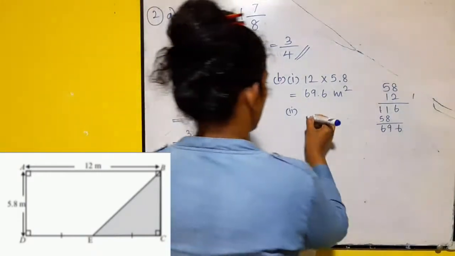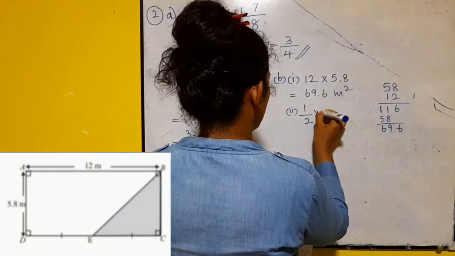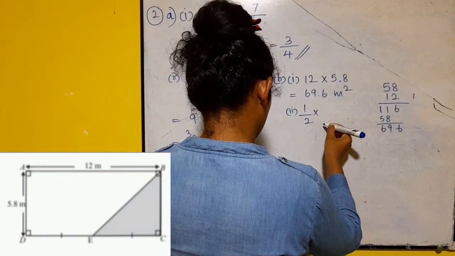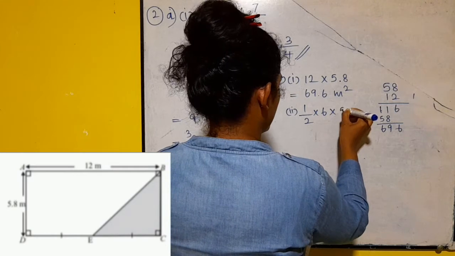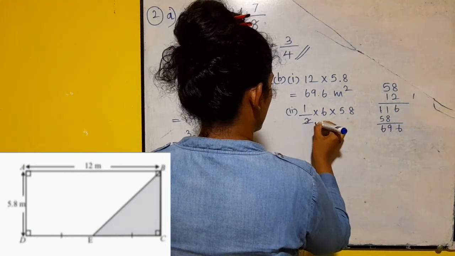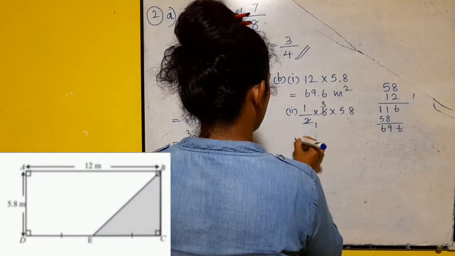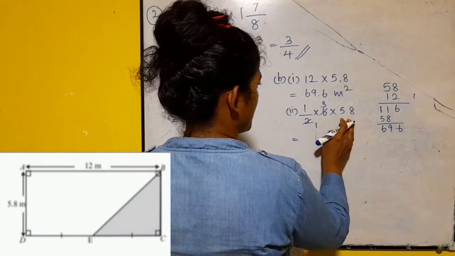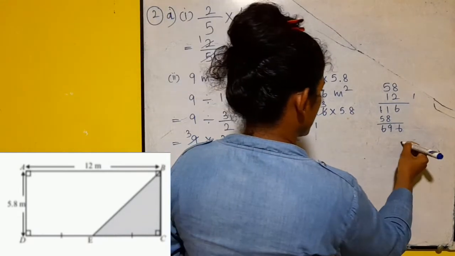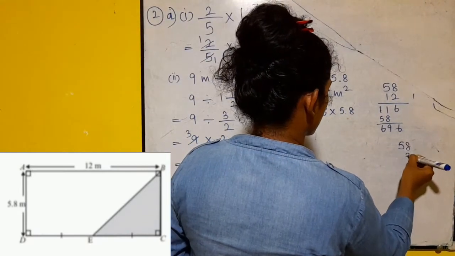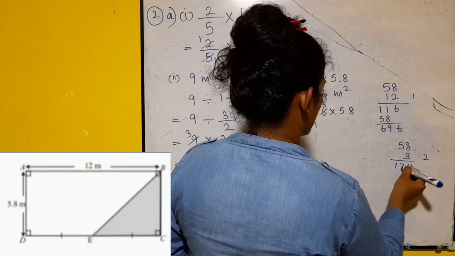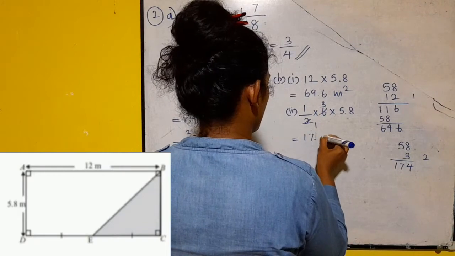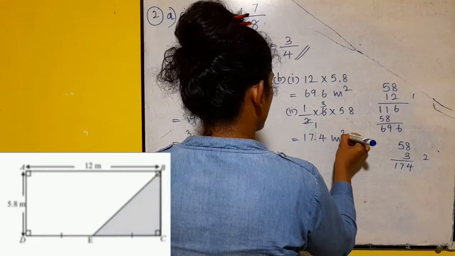For that we can do like this: half into 6 into 5.8. 2 times 1, 2 times 3. Again you have to multiply 5.8 by 3. And the answer will be 17.4 square meters.